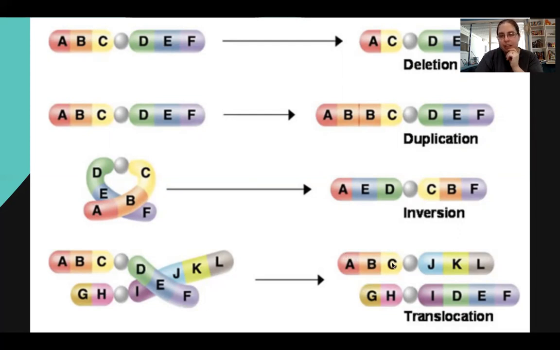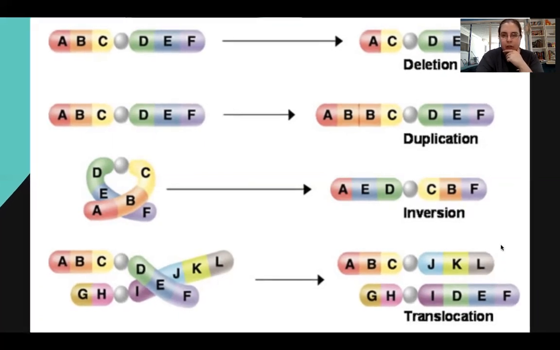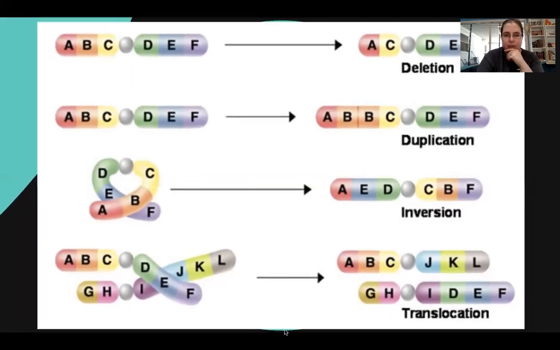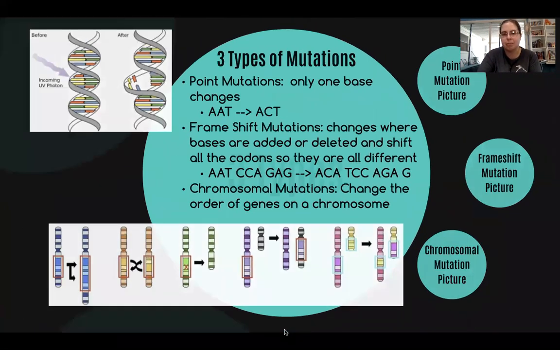So we end up with A, B, C, J, K, L, G, H, I, D, E, F. Because we're changing and affecting the order of the genes, that can actually have a big effect on how the genes are expressed and even if they are expressed.